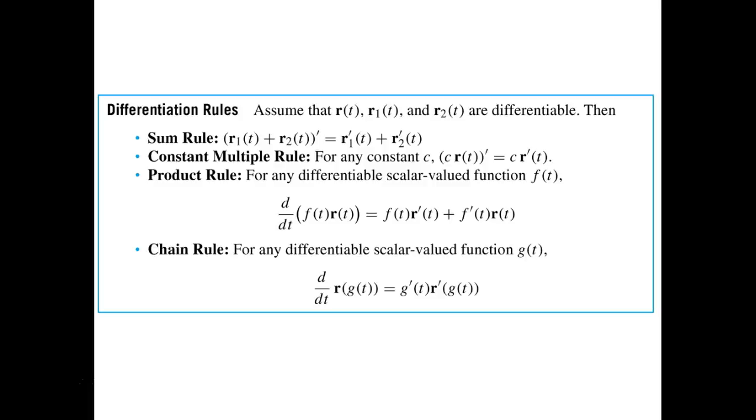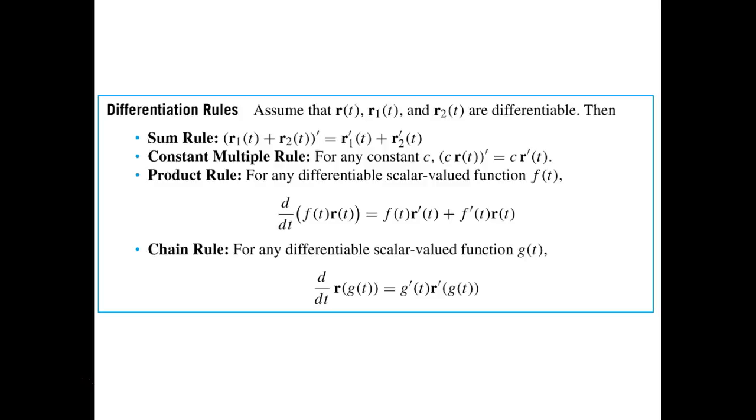Product rule, yes, we love it, don't we? For any differentiable scalar function f of t, if you're doing the derivative of the product of that f of t times a vector value function r of t, then that gives you, what would you expect? The derivative of one times the other plus the derivative of the other times the first? That would be it.